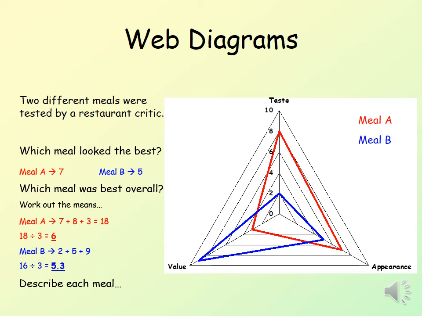Okay, so a little bit of analysis is required, and short comments will be required. That we don't always go for value, and we definitely don't always go for appearance either. I would say taste is the most important thing, and that is, of course, meal A by a mile.